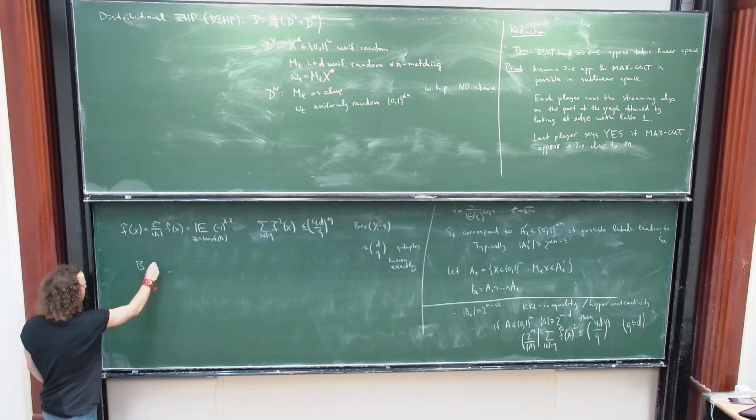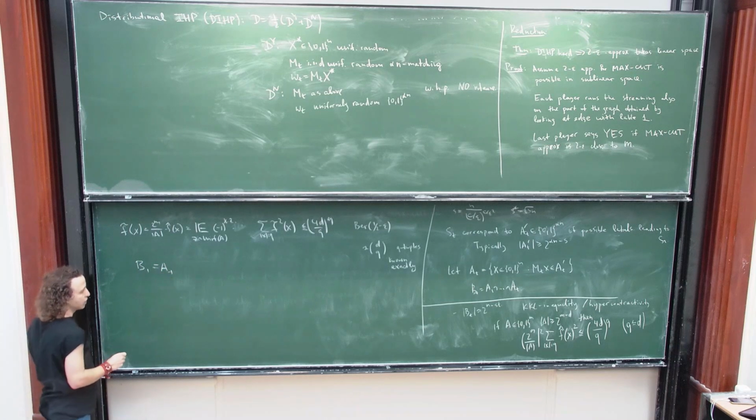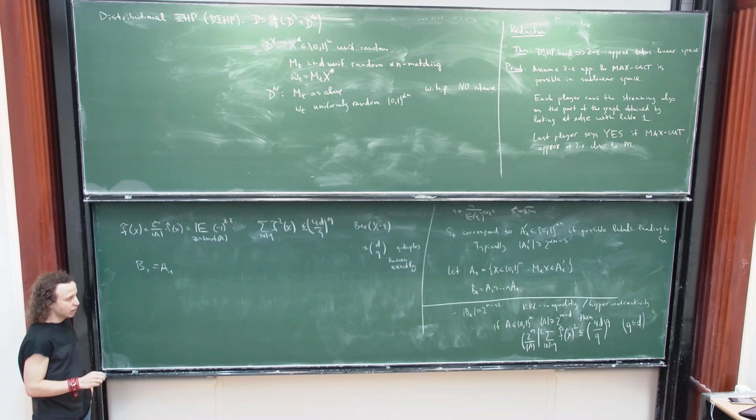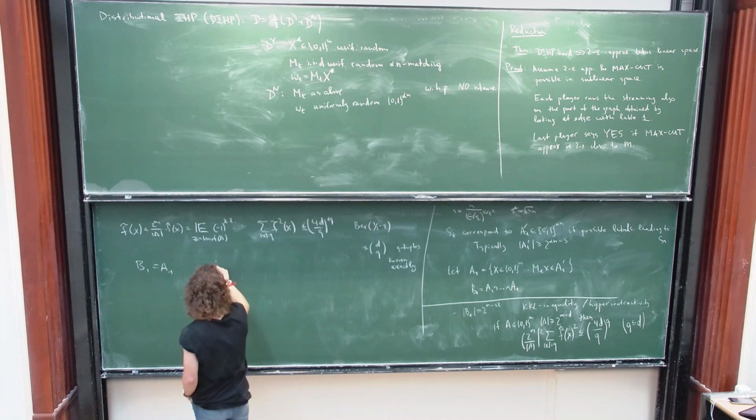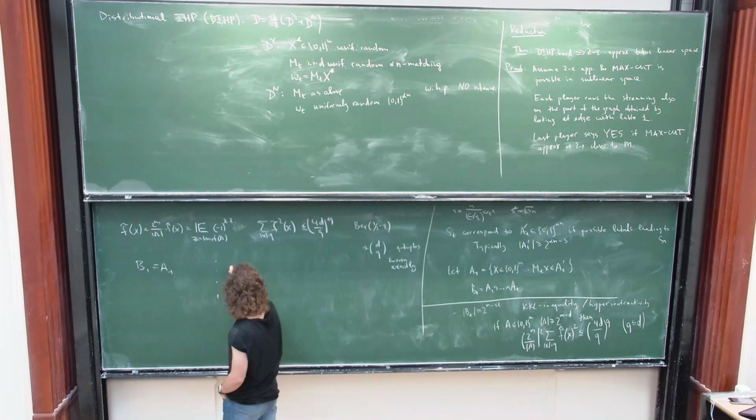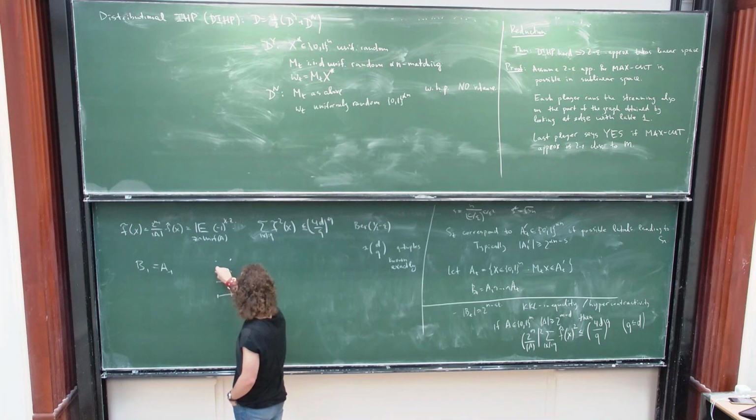So B1 is equal to A1, the possible labels on vertices, such that when you XOR, you get the labels on edges in the subset. Let's think for now about the plain text.